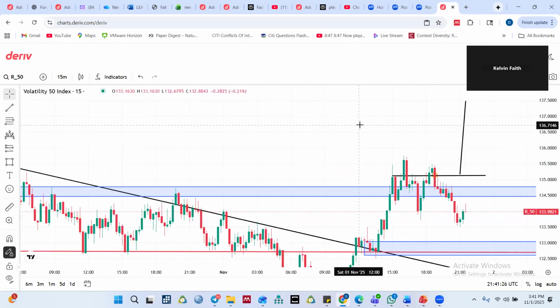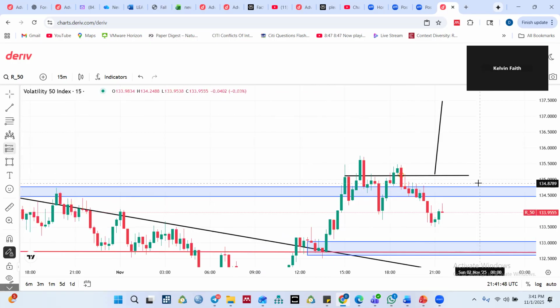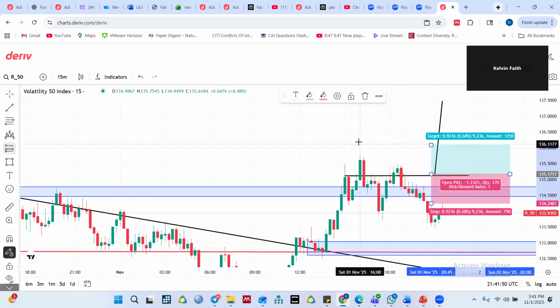Are you with me? Because anything below here is still within this bearish formation, which is very active. Now, on the 15 minutes, we are bearish. So you can only buy, let me put the buy sign there, we only will buy above here.